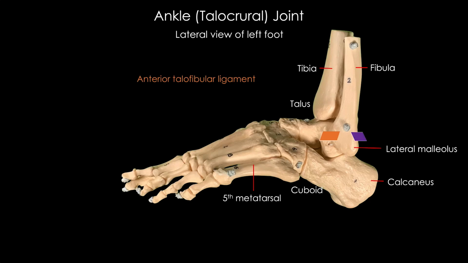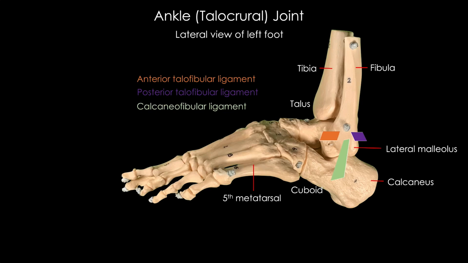You are looking at the posterior talo-fibular ligament, and then from my fibula towards my calcaneum, that is my calcaneofibular ligament. So now we have seen there are two collateral ligaments, one medial and the other lateral.